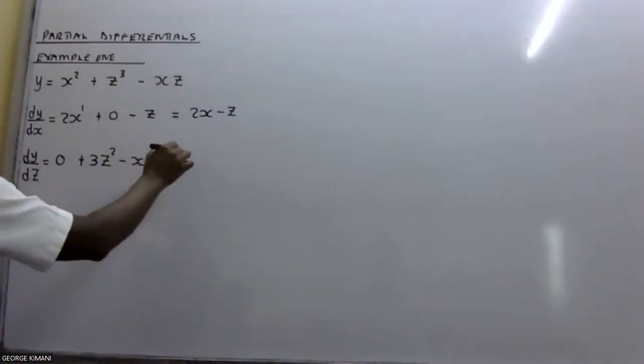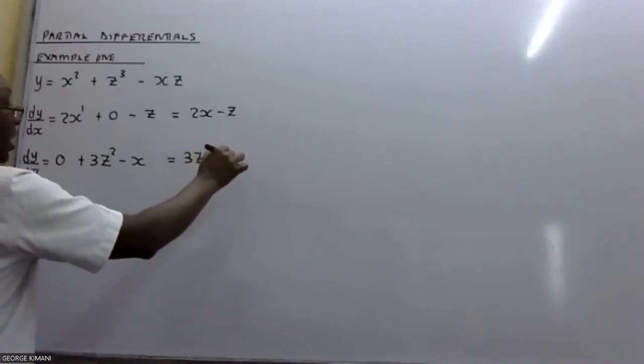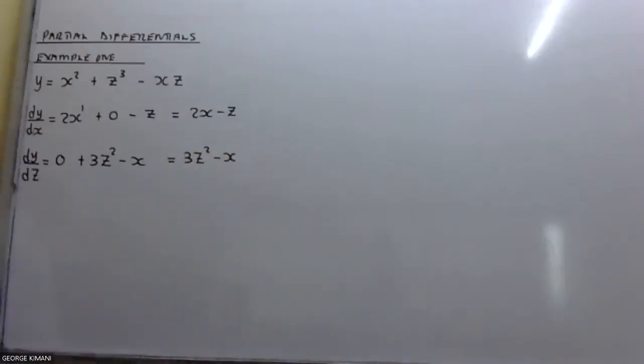So this settles as 3z squared minus x. That is how we do a partial differential.